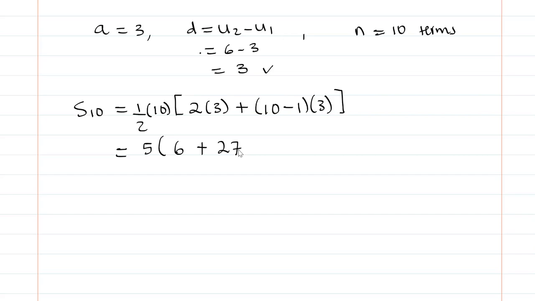Press the calculator. 9 times 3 is 27. Yes. Then you close the bracket. This gives us 5 into 6 plus 27, which is 33. And then 33 times 5 is 165.